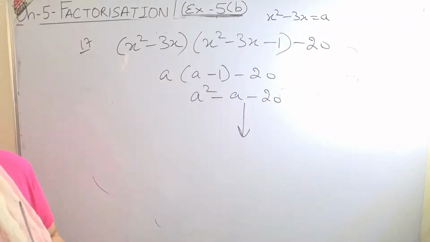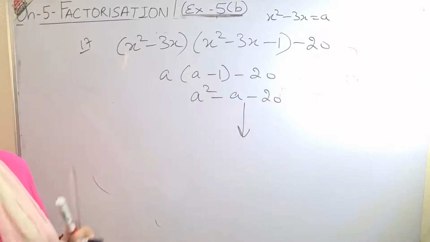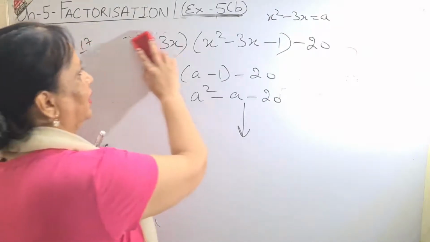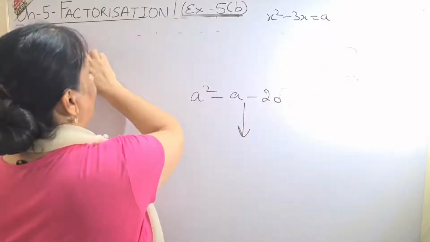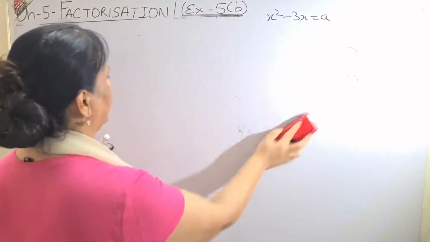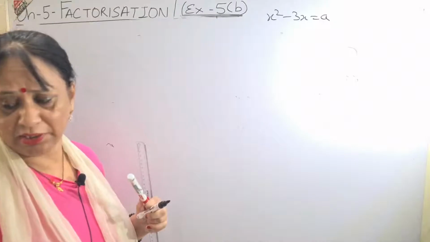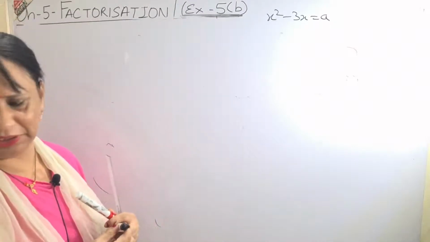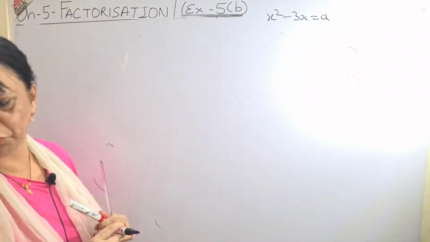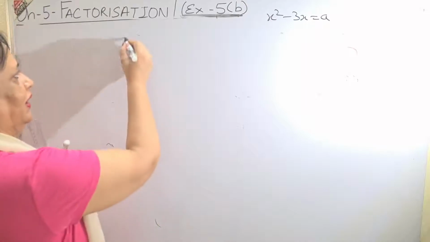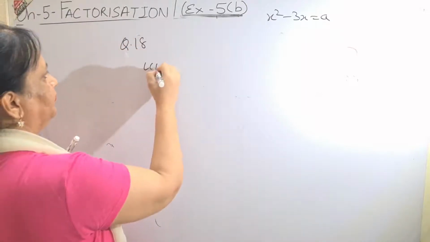Then question number 18 is very simple. You just have to find whether the given polynomials are factorizable or not. So from there you come to know that all the polynomials or all the quadratic equations are not factorizable. Some cannot be. For example, the third sum you can see, 2x square plus 2x minus 75. Question number 18, third part.